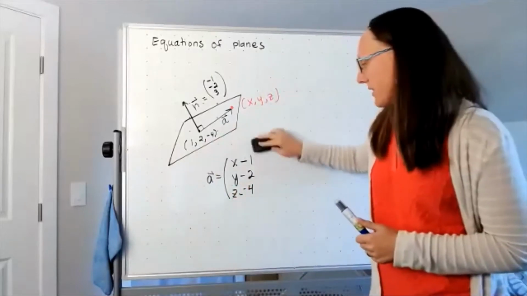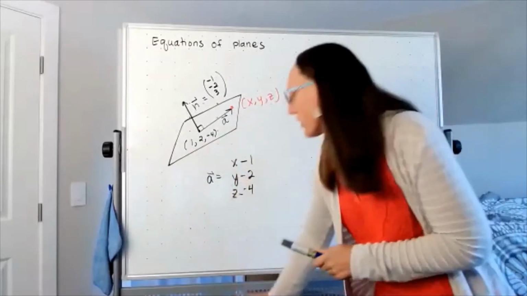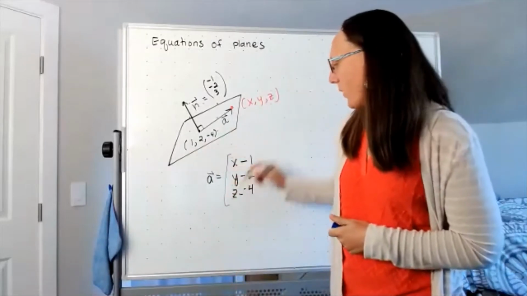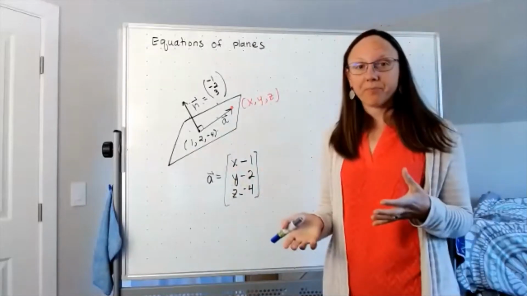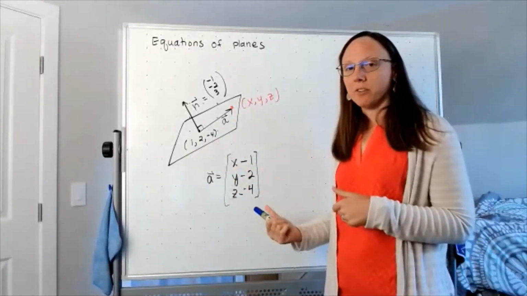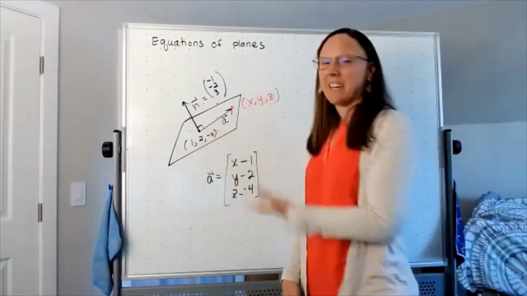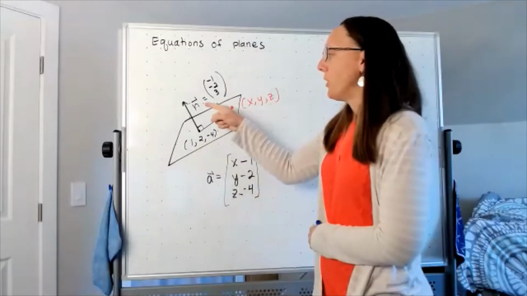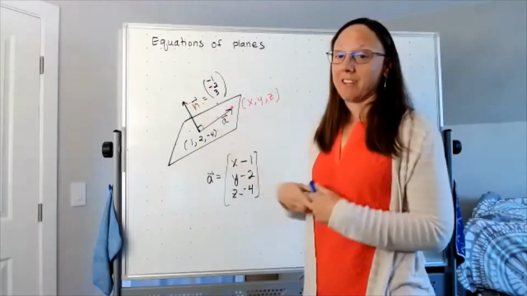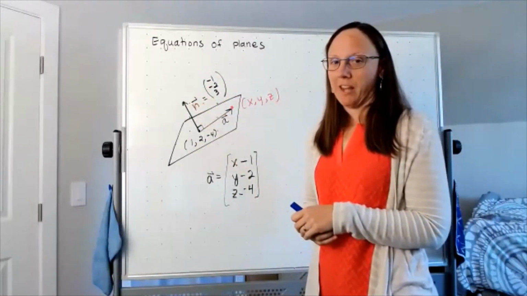I'm going to try to be consistent with the notation in the book and use squared off brackets here. Sorry about that. So what I know is true is that this vector, because it lives in the plane, is perpendicular to the vector that we were given as the normal vector for this plane.